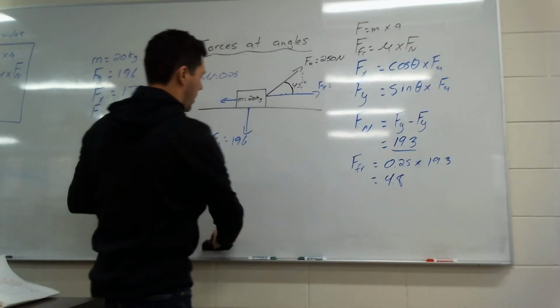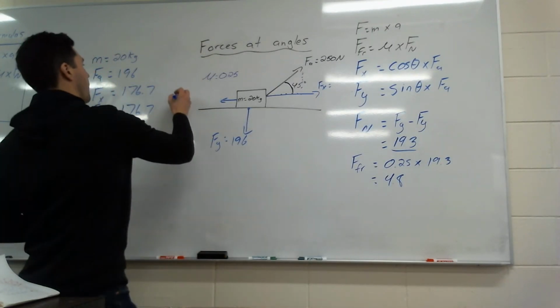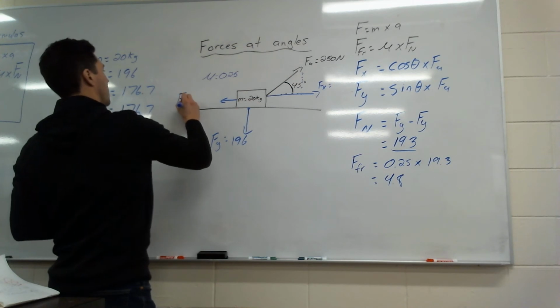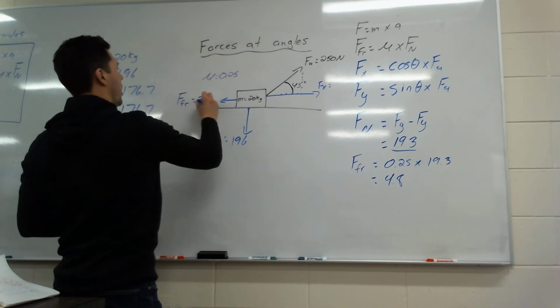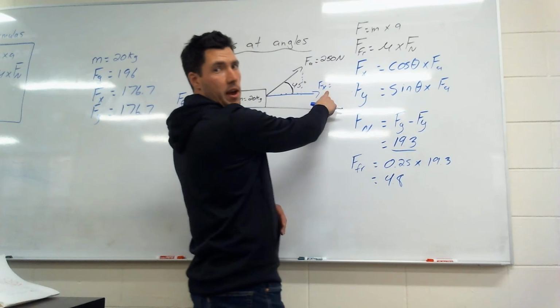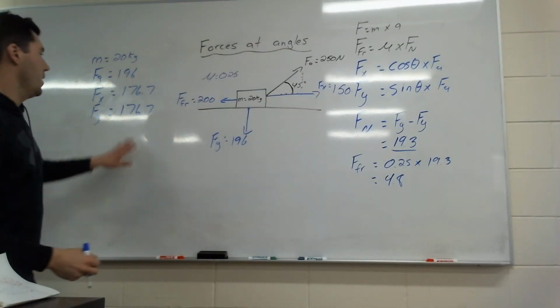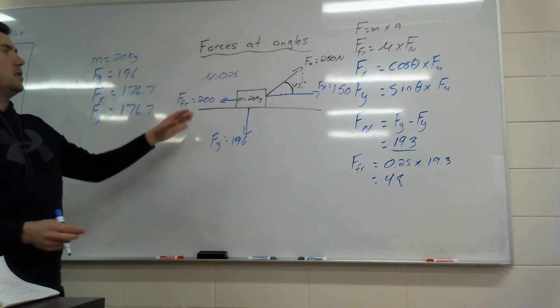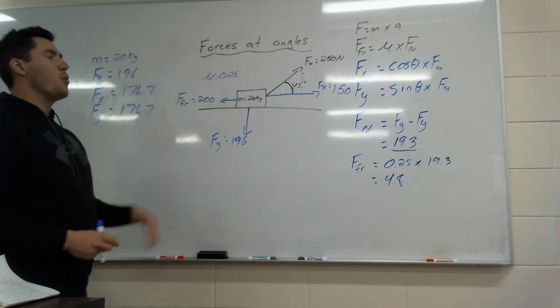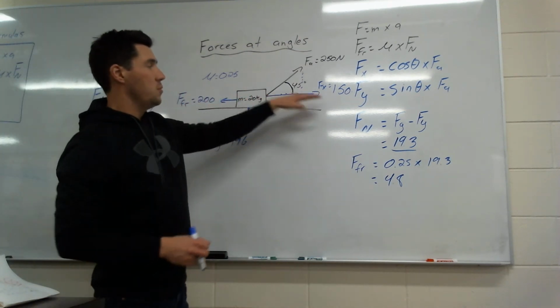But let's say in a certain question, our force of friction was 200 and our force x was 150. So our force of friction is 200, and our force applied in that direction was 150.